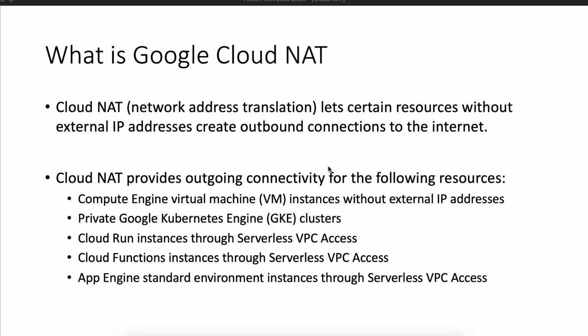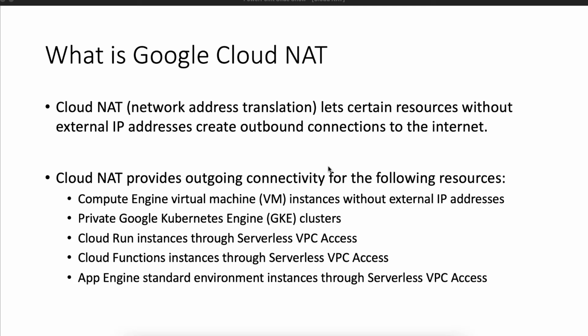You will find that in large organizations, most of the virtual machines that you deploy will be deployed using only private IPs. They may not have a public IP address, because they do not want internet traffic to reach their virtual machines directly.